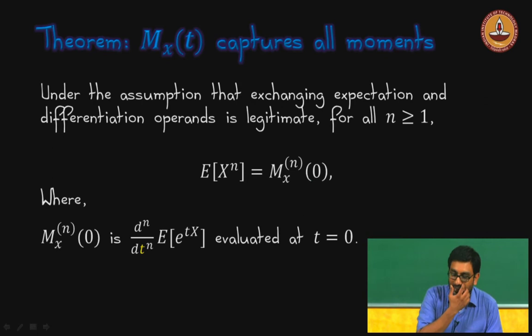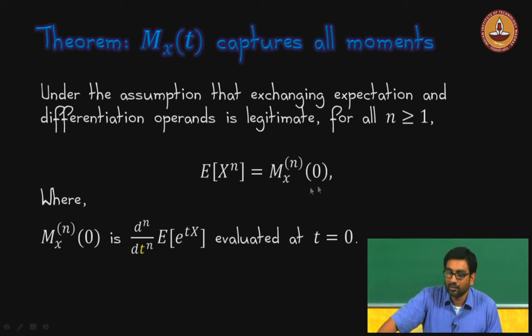So, basically what are we claiming here? The expectation of x to the n, the nth moment, you simply get by taking the nth derivative of the moment generating function and then evaluating it at the position 0.